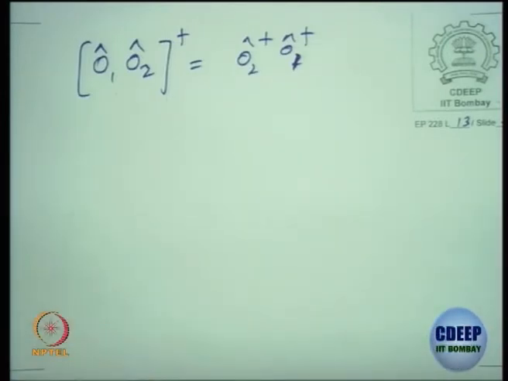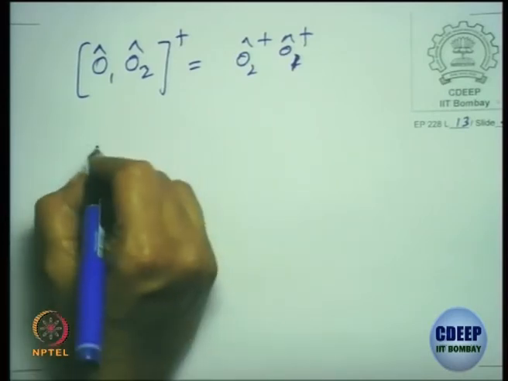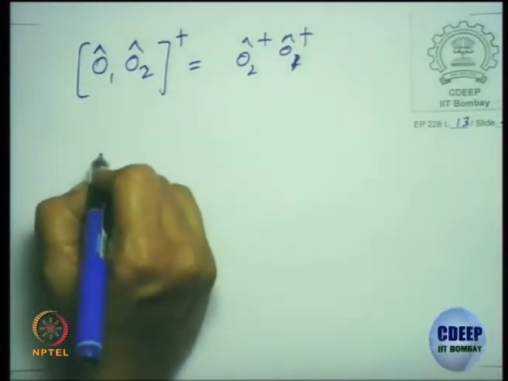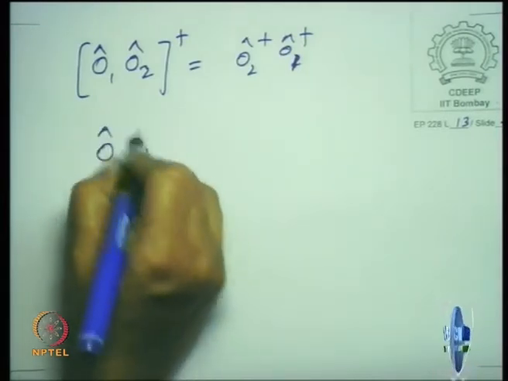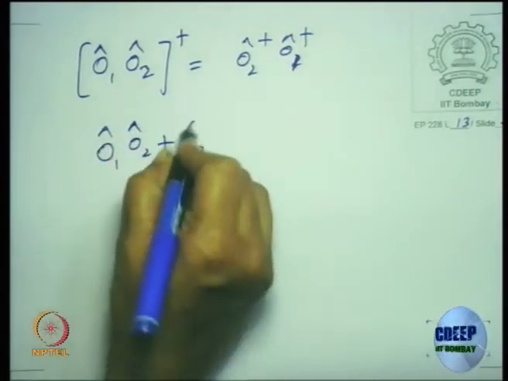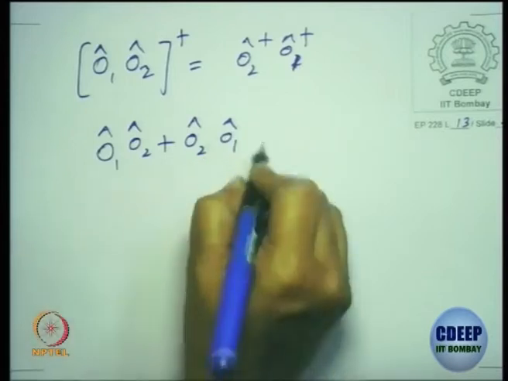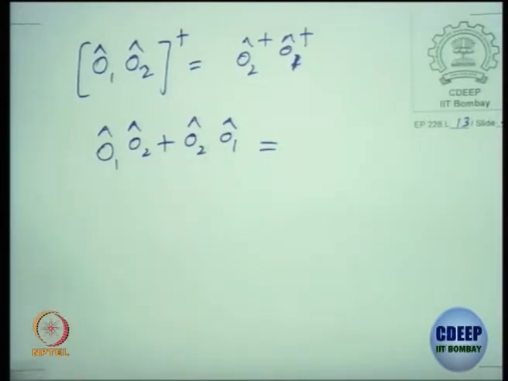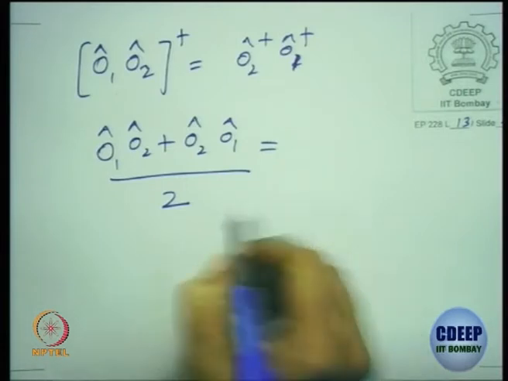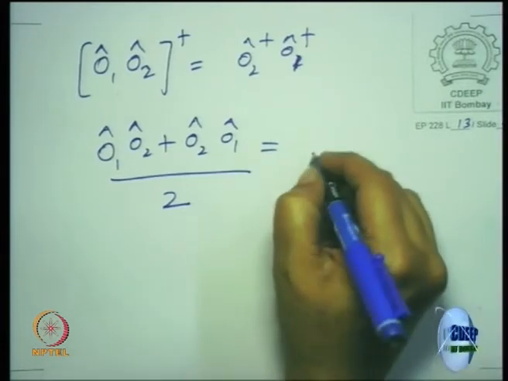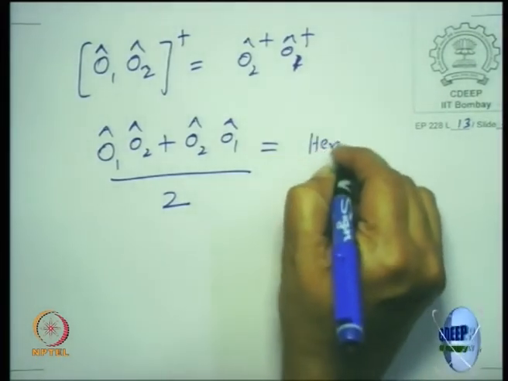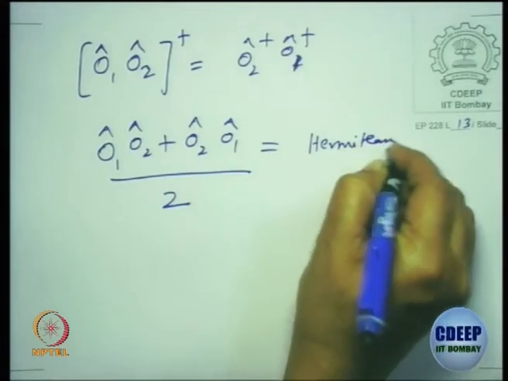So we need to write a Hermitian operator, which means we redefine it as O1 O2 plus O2 O1, normalized by 2 because we are repeating it twice in comparison to classical mechanics. This is what we will call a Hermitian operator.